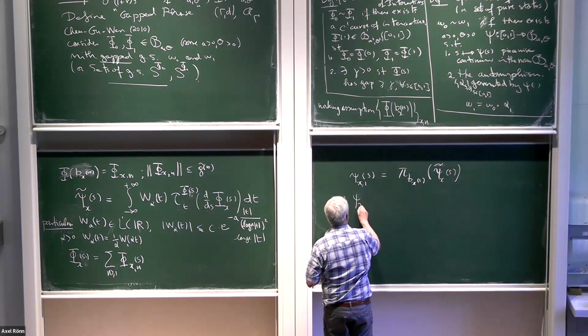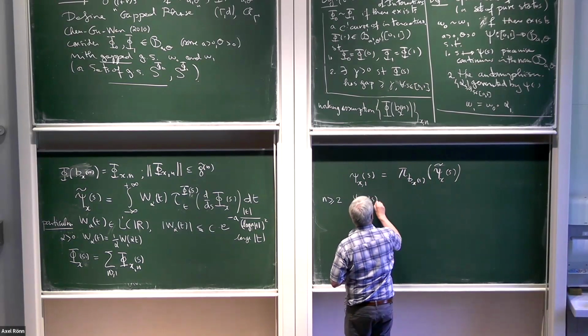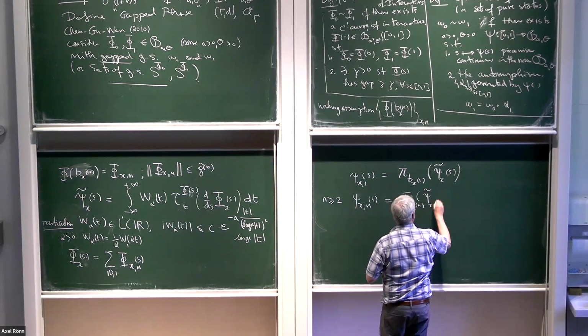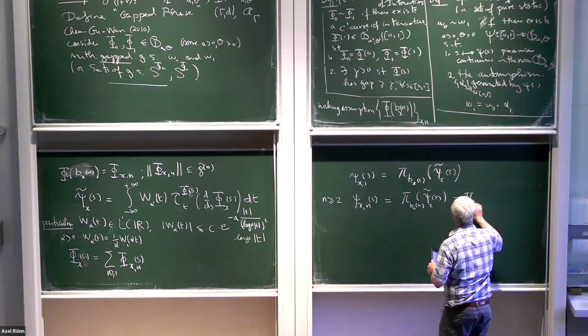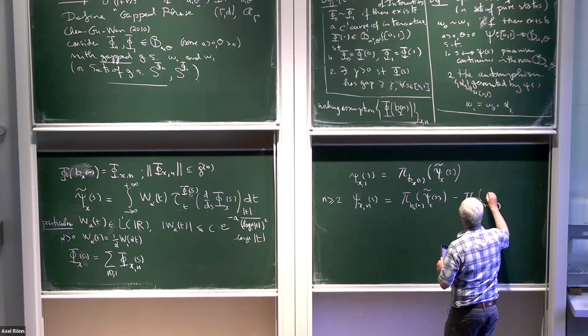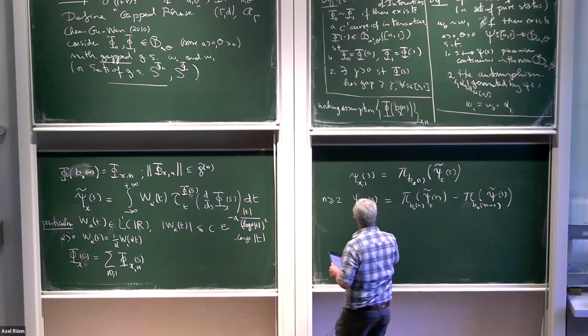Then psi xn for n greater than or equal to 2 is going to be the conditional expectation onto Bxn of this psi tilde xs minus the previous one. So what I'm doing is cutting out the interaction.